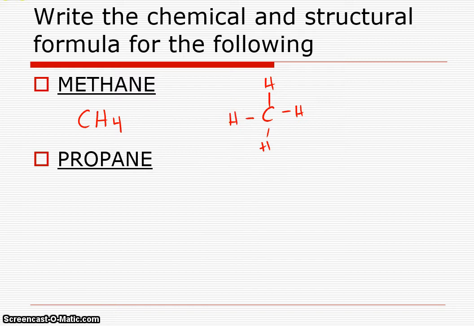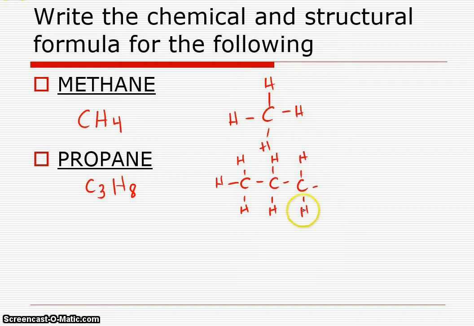Propane is 3 carbons, so it's C3 and then H. Remember it was 2n+2, so 3 times 2 is 6 plus 2 gives me 8. And if I draw it 1, 2, 3, and then go ahead and saturate it by putting a hydrogen at every spot, 1, 2, 3, 4, 5, 6, 7, 8.